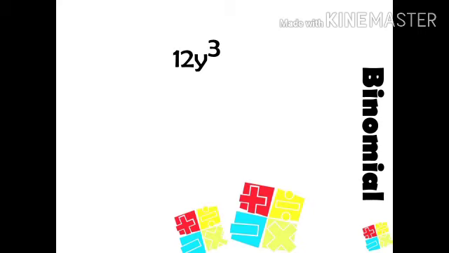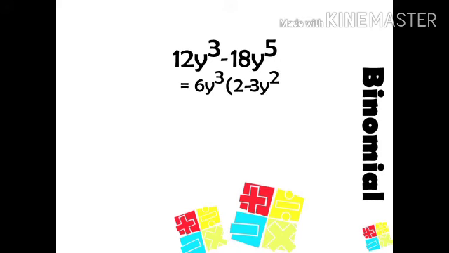We have another example, which is 12y cubed minus 18y to the 5th power. We have the answer 6y cubed, which is the GCF, quantity 2 minus 3y squared. Therefore, that's the simplified factor of 12y cubed minus 18y to the 5th power. To check, we are going to use the distribution property.